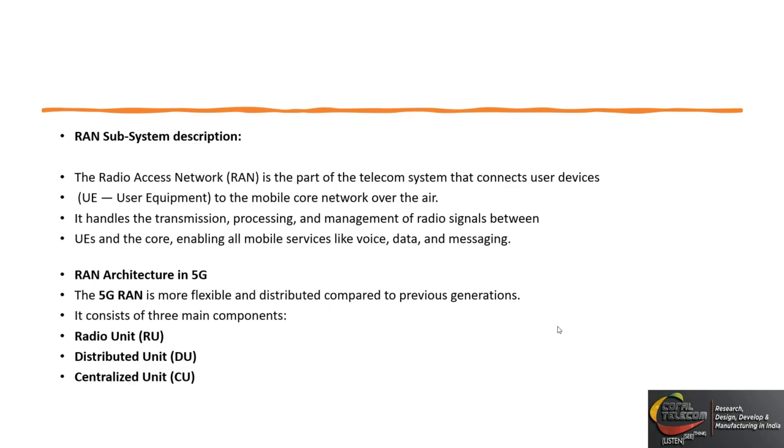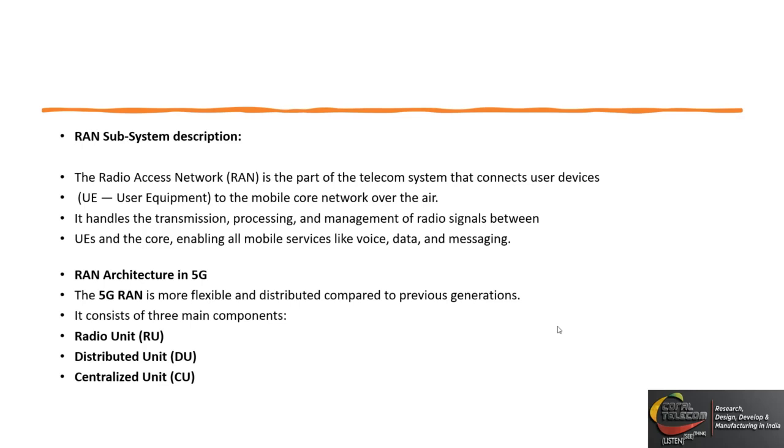But wherever you have to deploy at a large scale and manage it cost effectively, you use the centralized unit and distributed unit. You have to follow the distributed architecture to save cost and to get seamless connectivity. There you deploy your centralized unit.